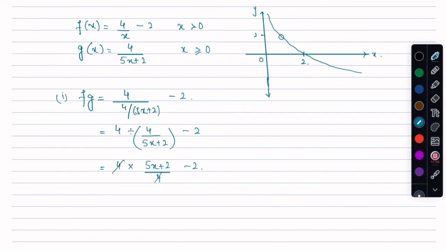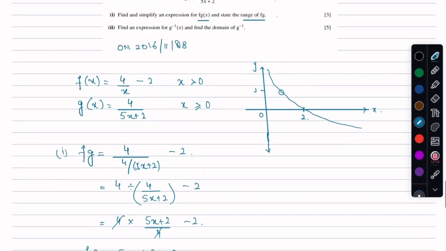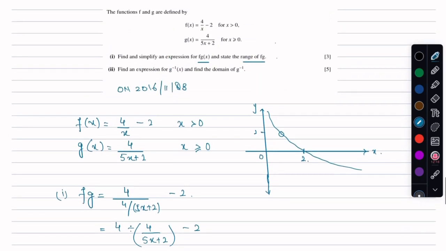This gets simplified and I'm left with f of g, which equals 5x plus 2 minus 2, or just 5x. So I have fg equals 5x, and the second part of the question says state the range of fg also.